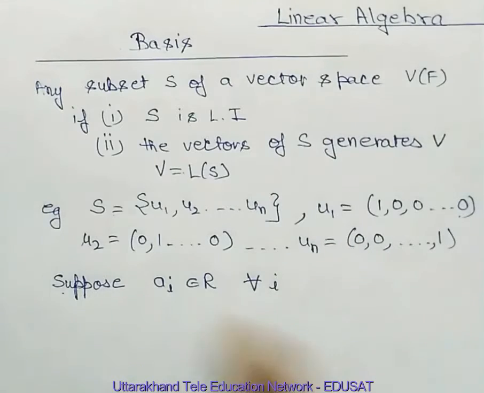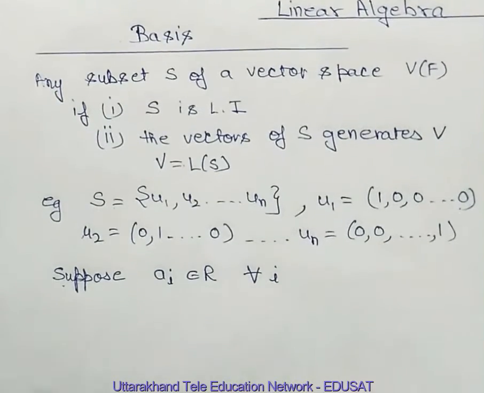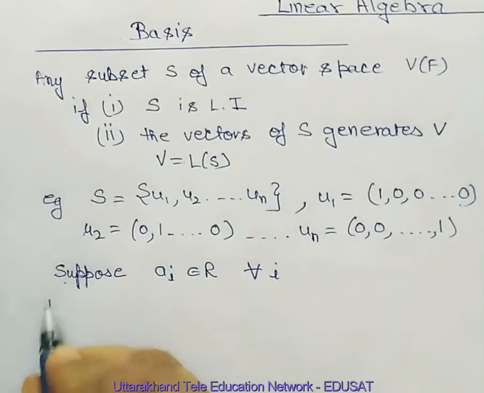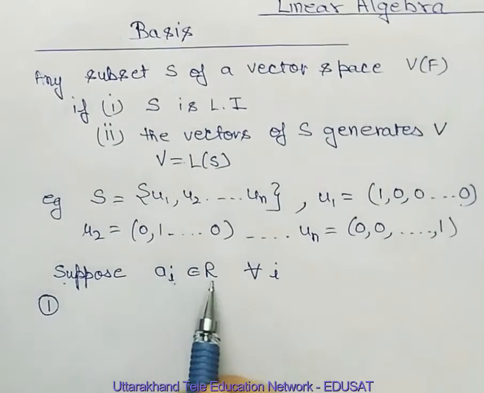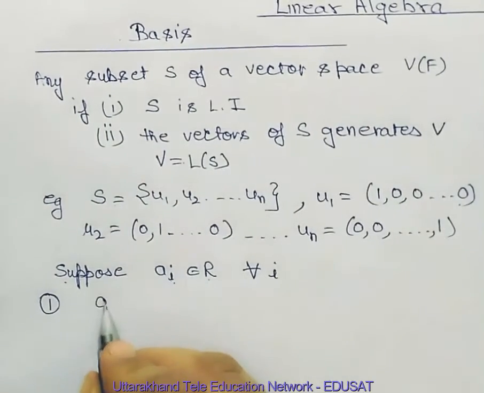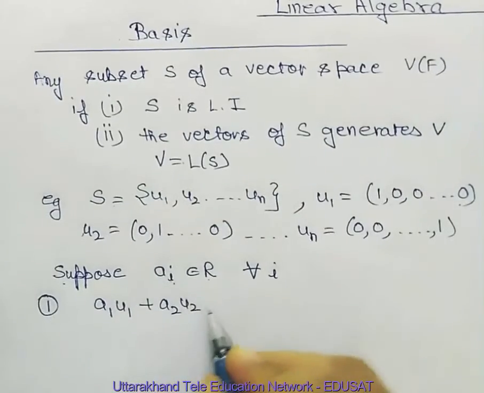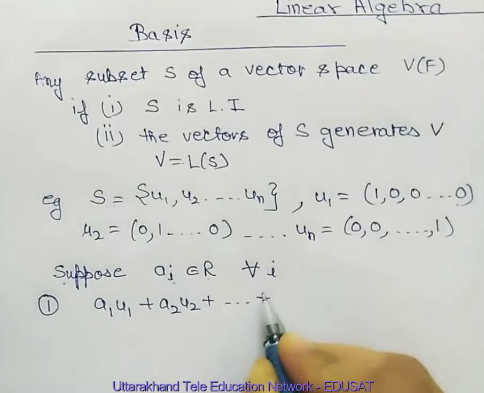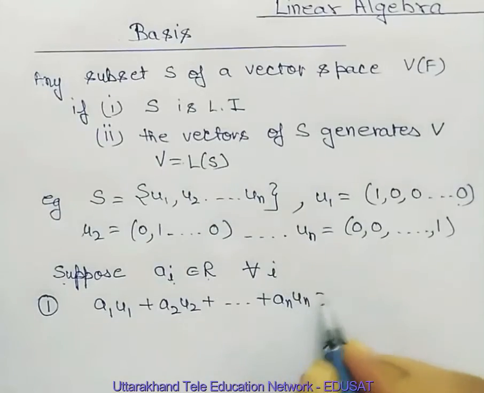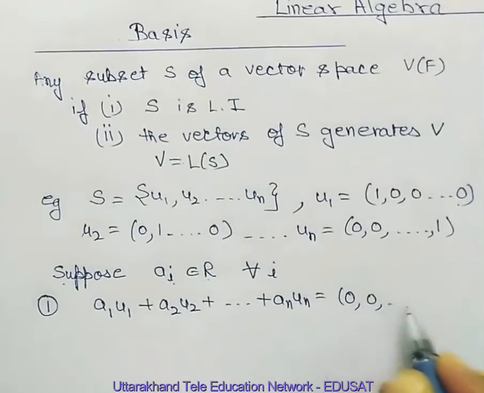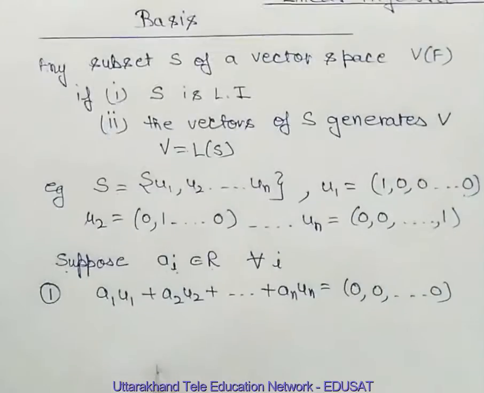Firstly, that S is linearly independent, and secondly that S generates the vector space Rn. So firstly, if ai belongs to the field, then we have a linear combination like this: a1 U1 plus a2 U2 plus and so on plus an UN equals (0, 0, ..., 0), with n elements.